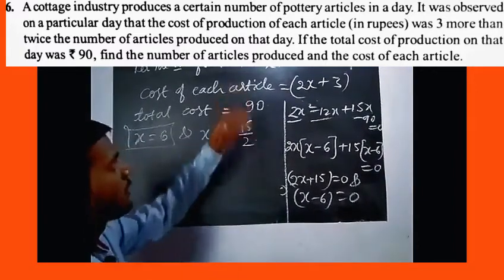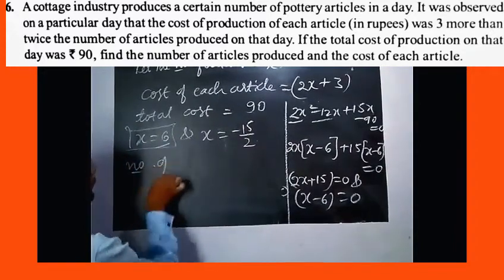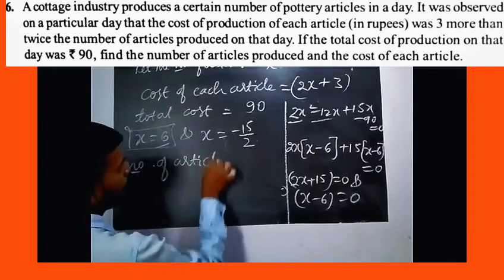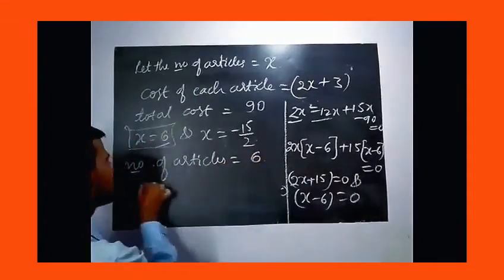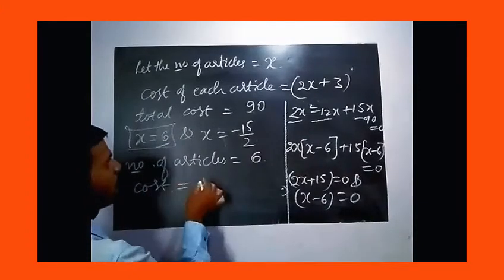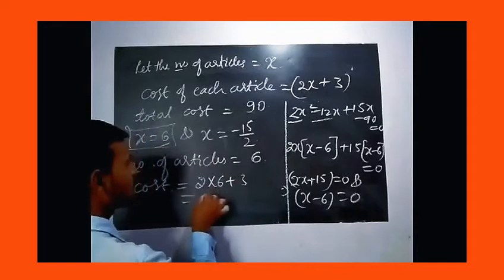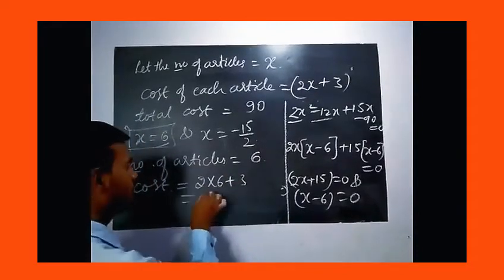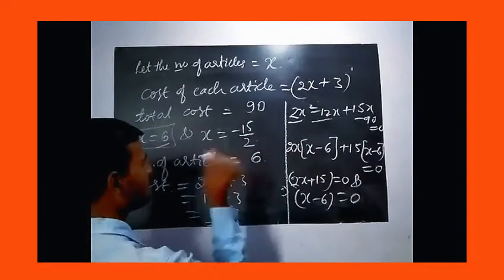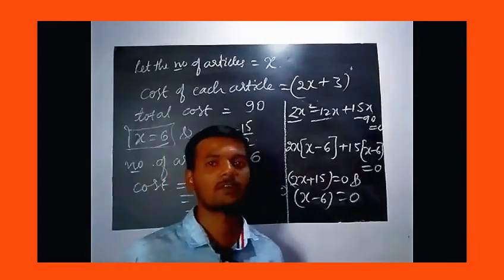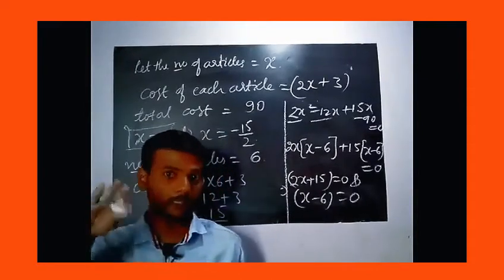So the number of articles produced on that day is 6, and the cost of each article will be 2 into 6 plus 3, that is 12 plus 3, equal to 15. 15 times 6 is 90, the total cost of articles produced on that day.